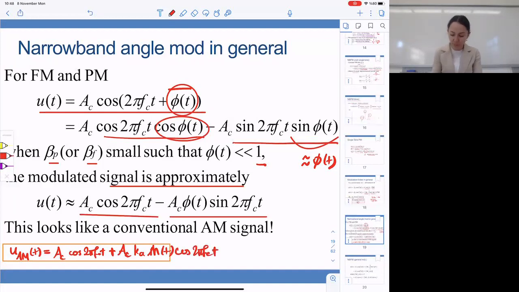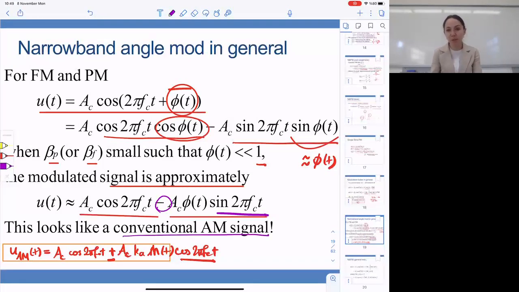So instead of a positive cosine, we have a negative sine. Other than that, though, it is spectrally very similar to a conventional AM signal.